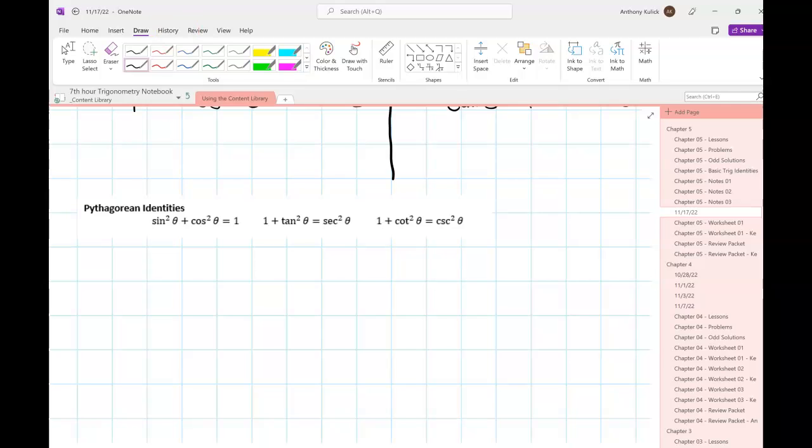So here's an observation for you. We've been using the unit circle a lot, right? Have you noticed how cosine of 30 degrees is root 3 over 2, and sine of 60 degrees is also root 3 over 2?